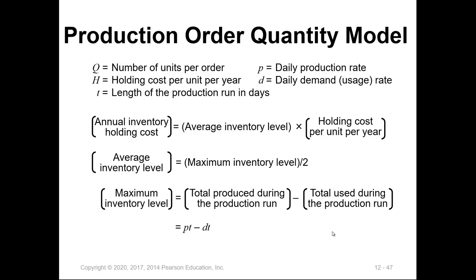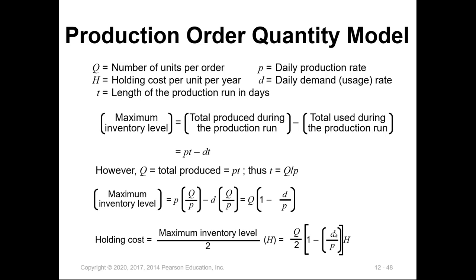And the maximum inventory level will equal total produced during the production run minus total used during the production run, that is PT minus dT. Based on the maximum inventory and the annual holding cost formula, the holding cost will equal (PT minus dT) divided by 2, all multiplied by the holding cost per unit per year.